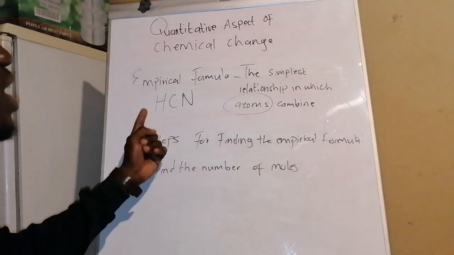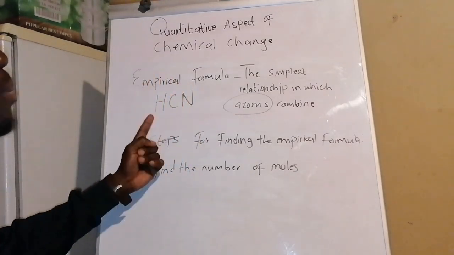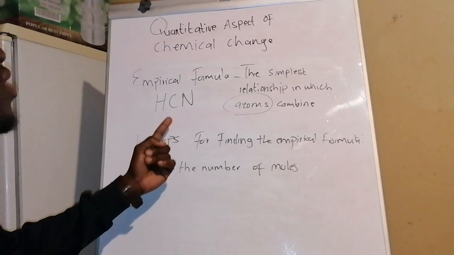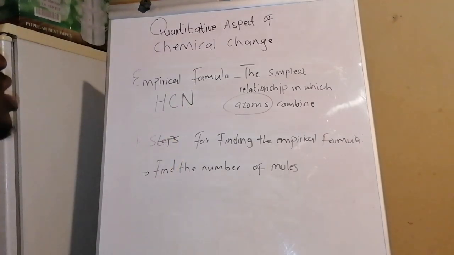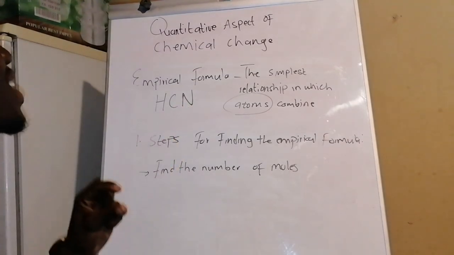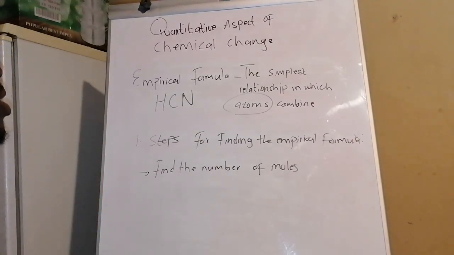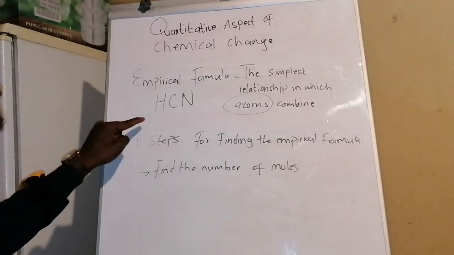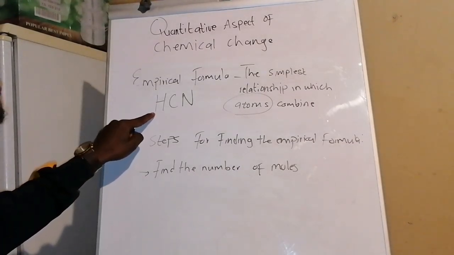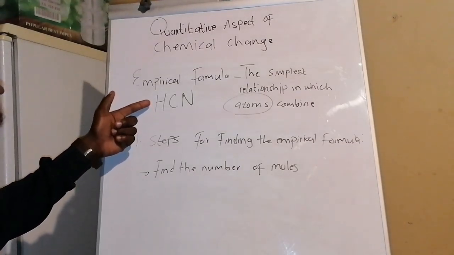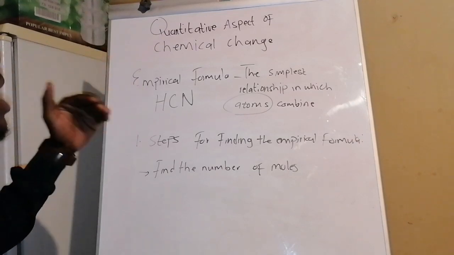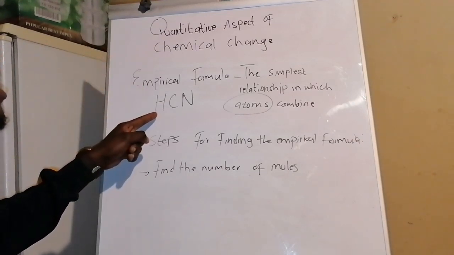Then after finding the number of moles, you compare the number of moles of hydrogen, carbon, and nitrogen. Then you divide by the smallest number of moles. I don't know if you understand that. For example, let me say the smallest number of moles is for hydrogen.